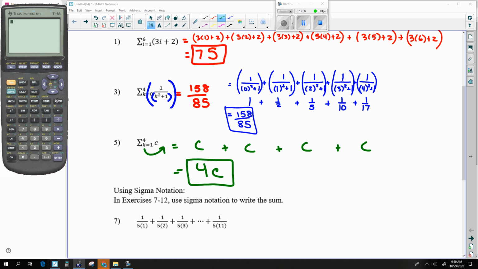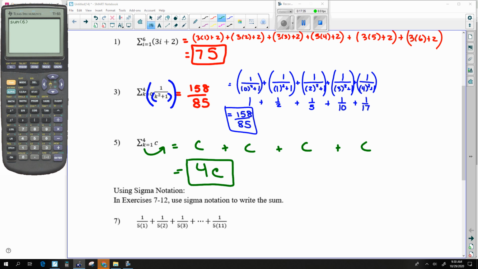That'd be like saying in my calculator, if I go from 1 to 4, and I'm just going to take the summation of some constant, like the number 6. And so what this will do is iterate 4 times.